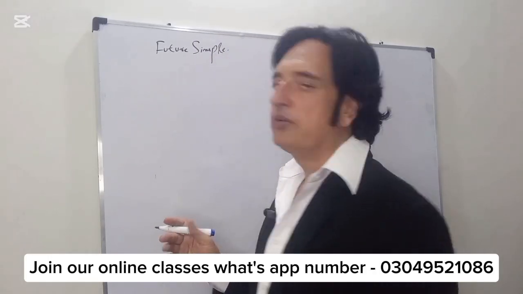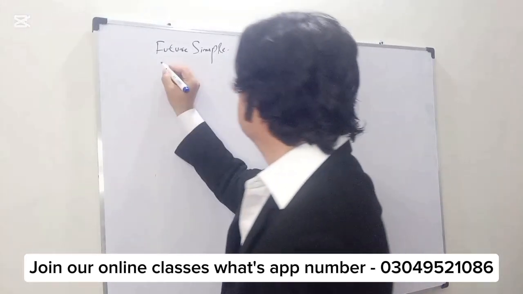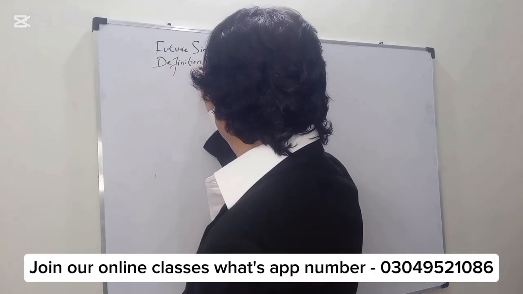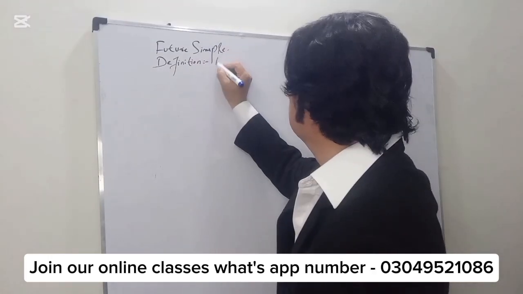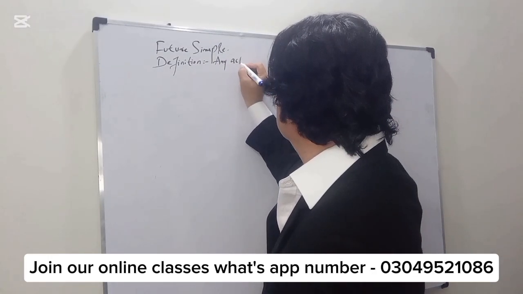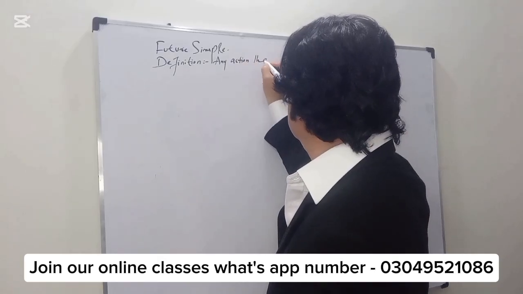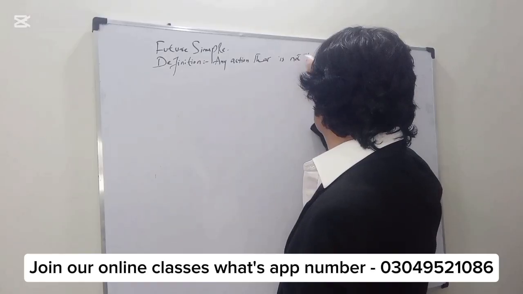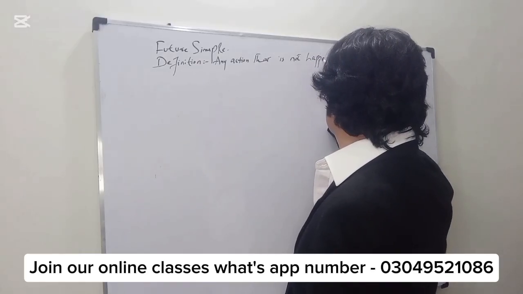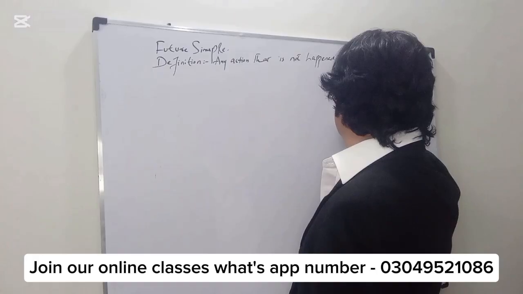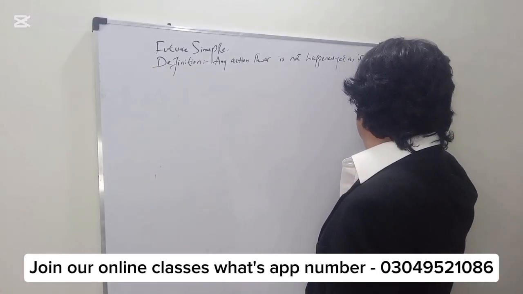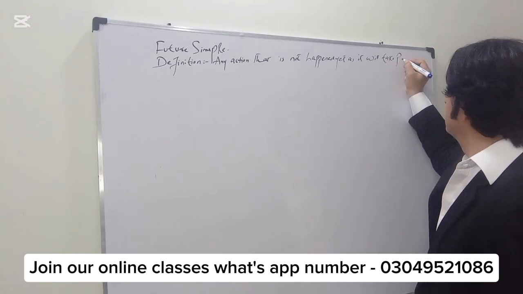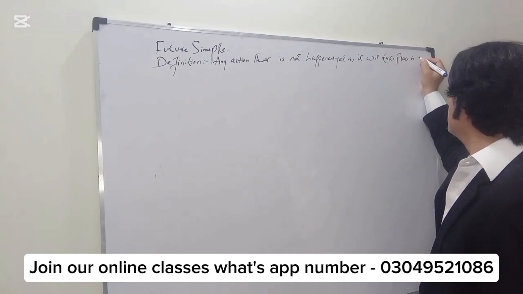All right. So first thing you require is a definition, of course, which I told you just now. And the definition for this one: any action that has not happened yet, as it will take place in future.